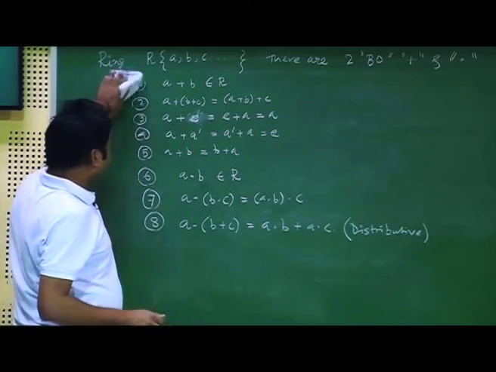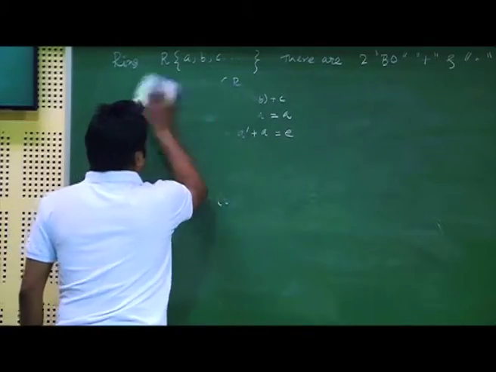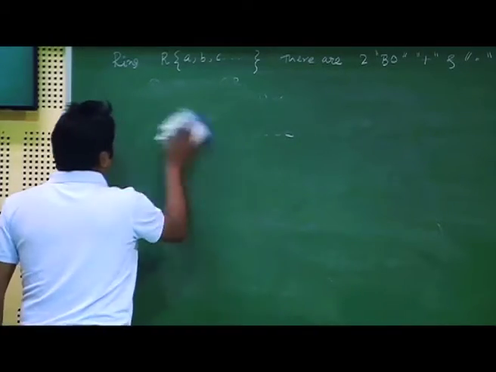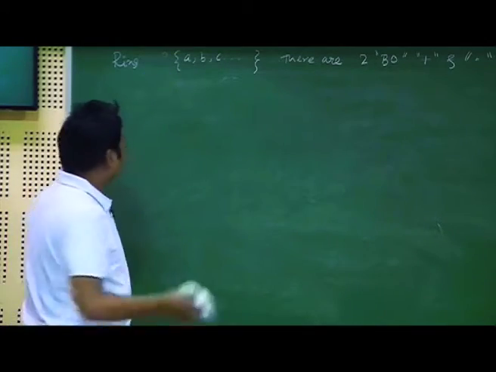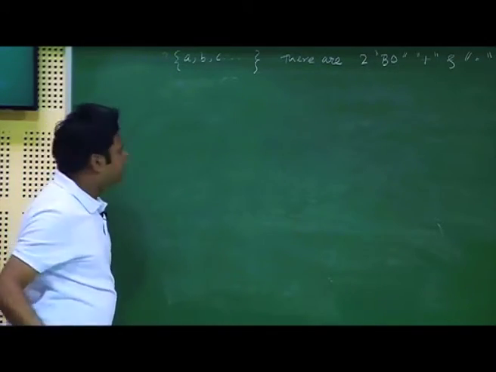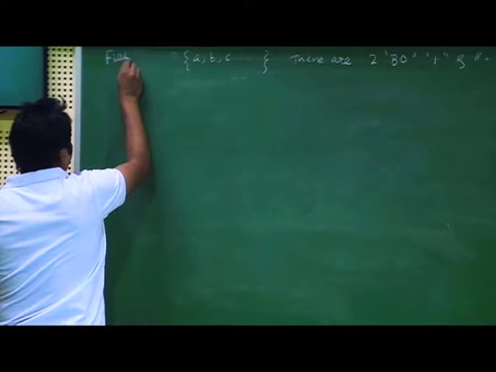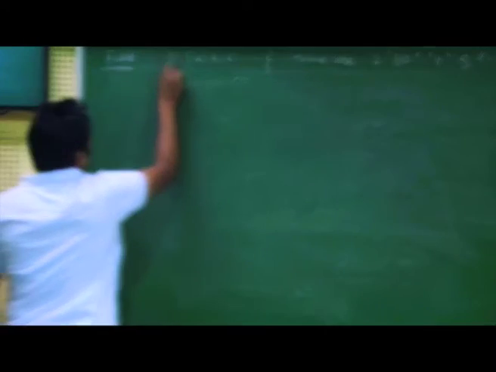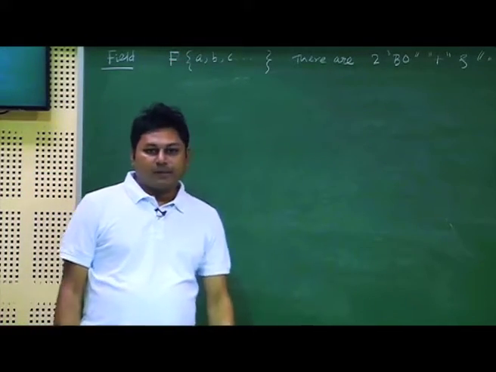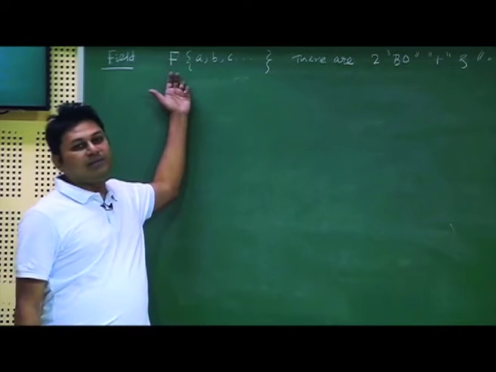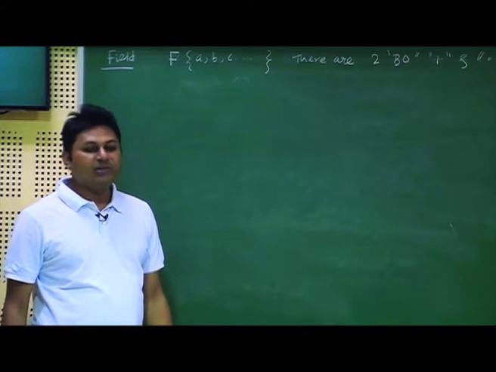After the concept of ring, I will again try to form something different, which is called a field. I write F. So here let us consider F is a set of elements A, B, C and so on, which is a different set.